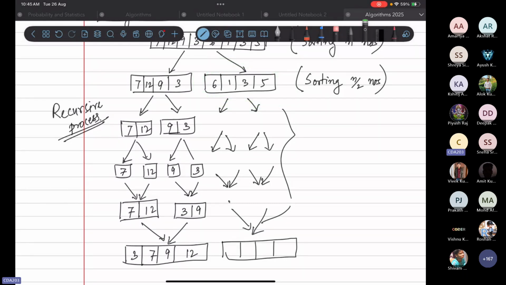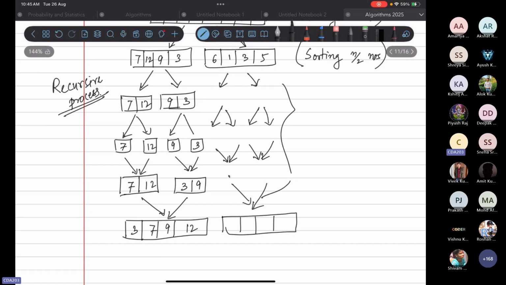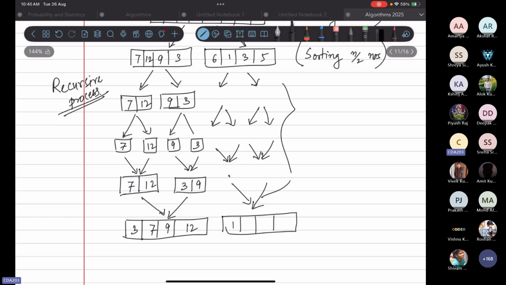And what do I mean by the solution of this subproblem? That is the sorted order of these numbers. What is the sorted order of these numbers? It's 1, 3, 5, and 6.